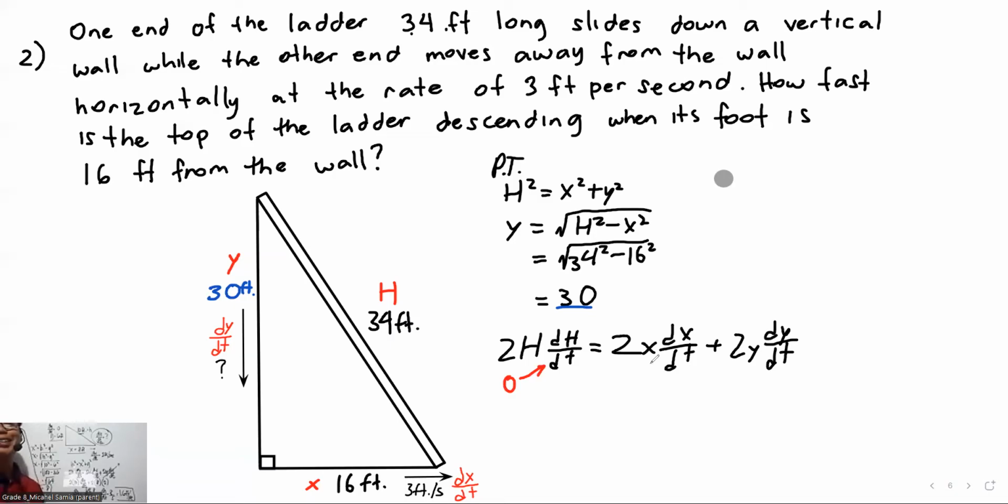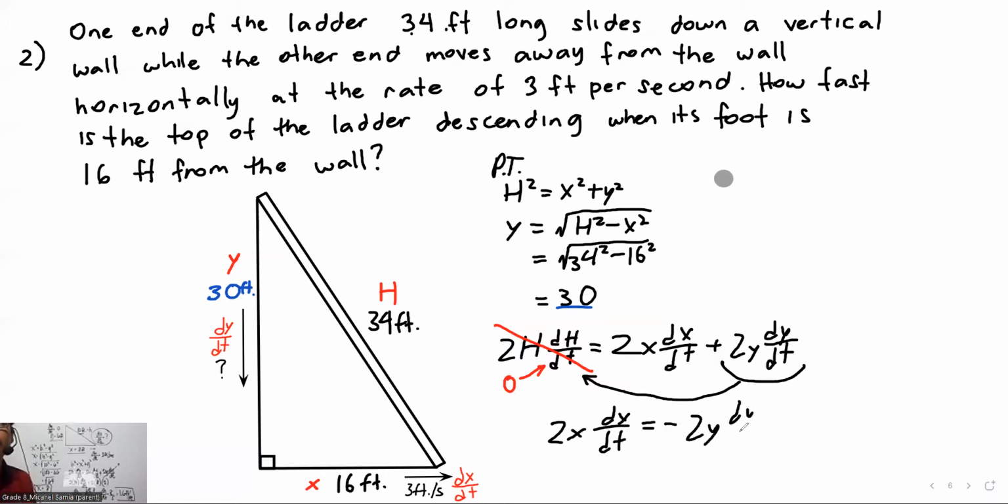Okay, since the ladder is not increasing in length, dh/dt is equal to 0. Transposing this term, you can get 2x dx/dt equals negative 2y dy/dt.